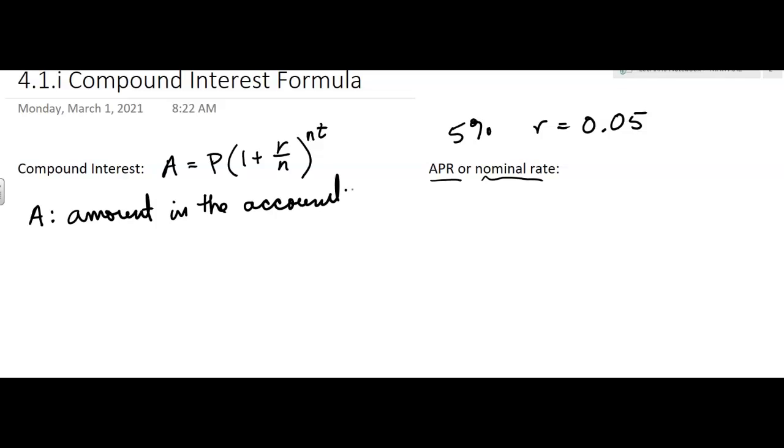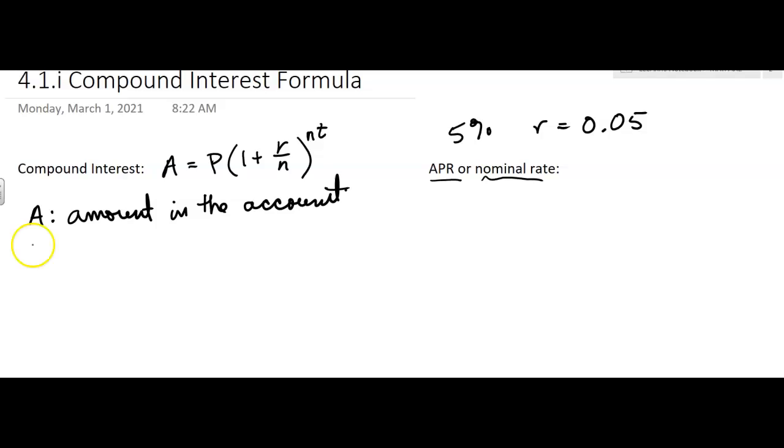The formula is only good if you know what all the variables represent. So A is how much money you have in your account after a given amount of time. In my example, if I am earning 5% interest, I put so much money in, and maybe 20 years go by, and I go to get my money out. A is going to be how much money I'm getting out of the account after the 10 years.